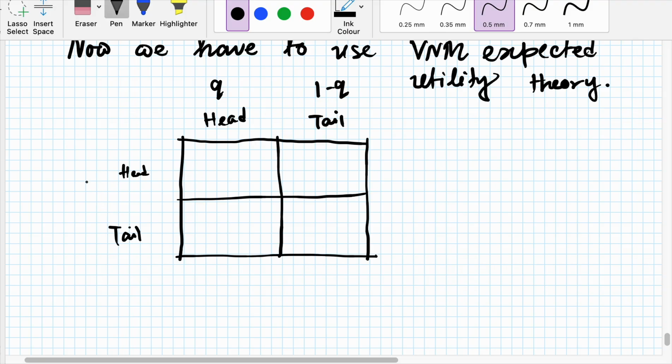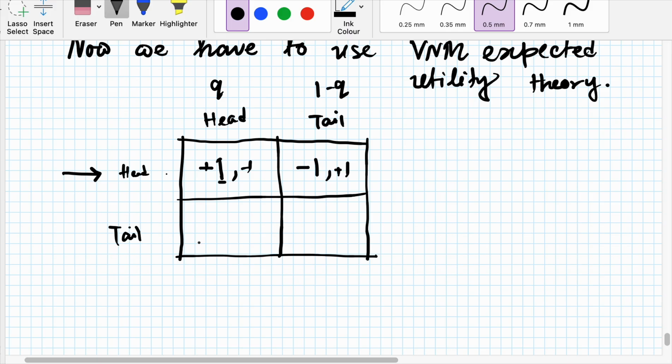So for player 1, the option head becomes a lottery, where with probability q it will get +1, and with probability 1 minus q it will get -1.